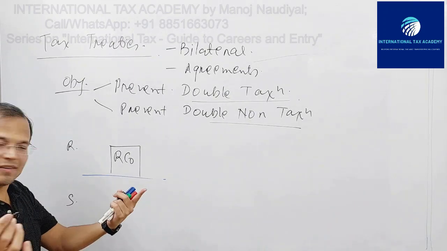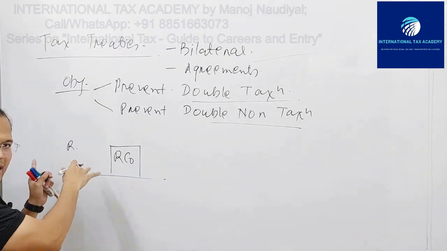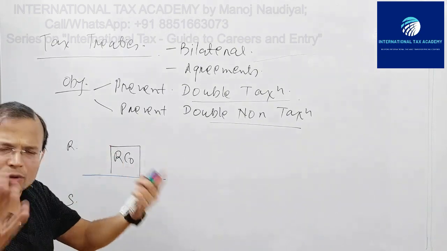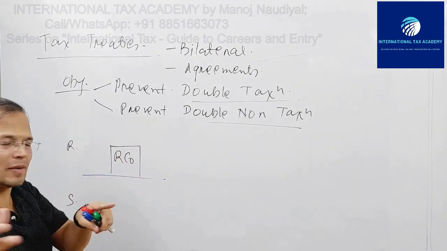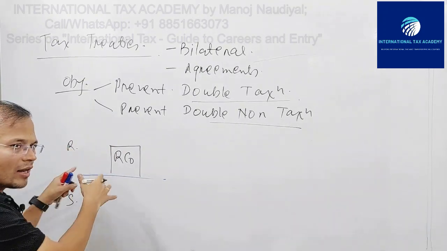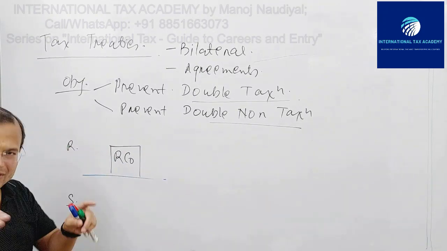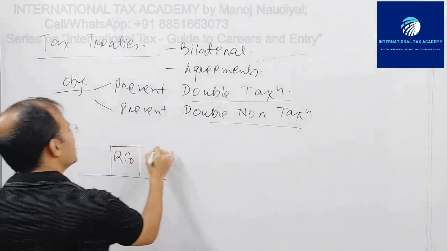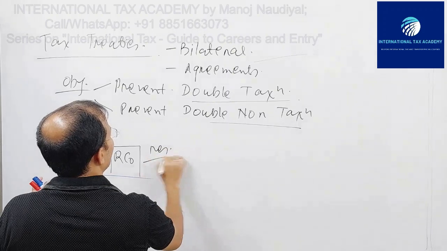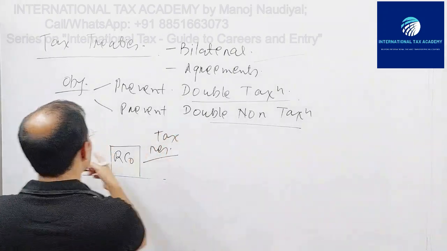Co is company. This company is incorporated and or has its place of management headquartered in R. So this RCO, which is a legal person, is a tax resident of country R.